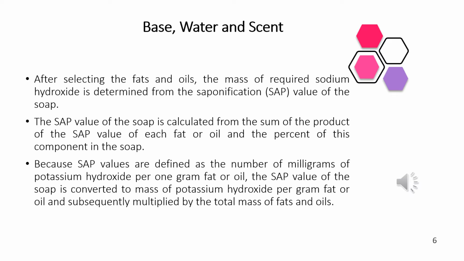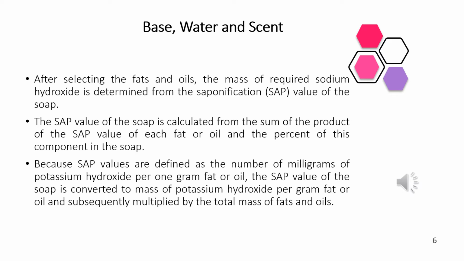The SAP value of the soap is converted to mass of potassium hydroxide per gram of fat or oil and subsequently multiplied by the total mass of fats and oils. How can we define the SAP value? We can define the SAP value as the number of milligrams of potassium hydroxide per gram of fat or oil.